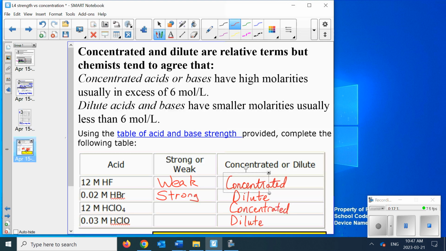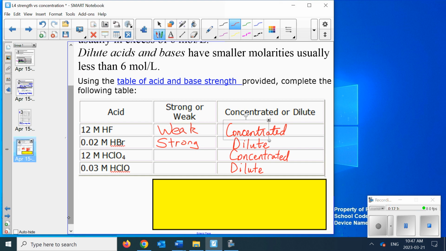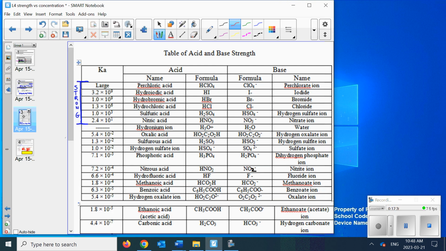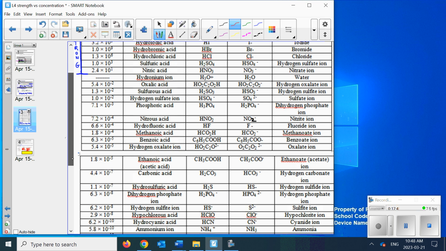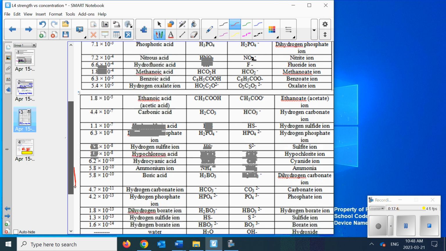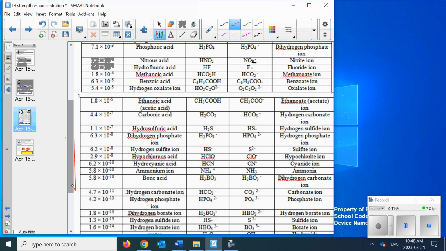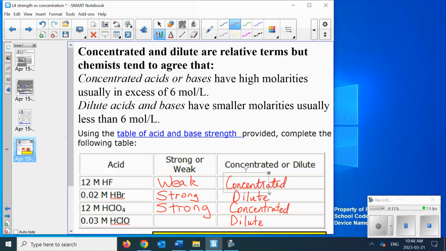Perchloric acid. That's definitely strong. It's the strongest one, the top one, right? Now, HClO. Perchloric acid is HClO4. We're looking for HClO. My chart's organized a little different. So weak, hypochlorous acid, 10 to the minus 8. Definitely a weak acid.